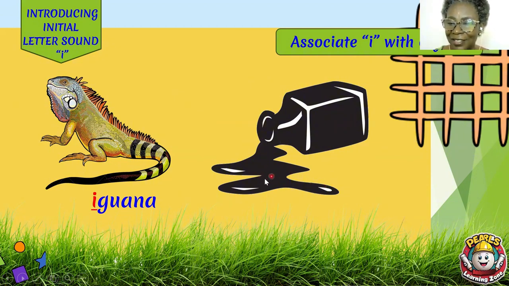This is ink. What do you use ink for? You use it to write. So you must have a special pen to draw the ink into the pen and then write. So this is ink. E for ink.